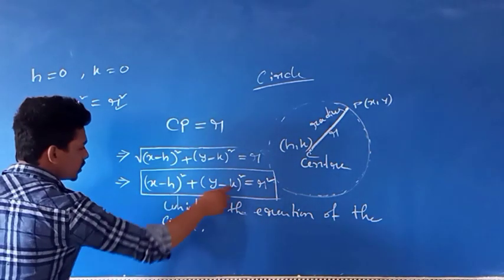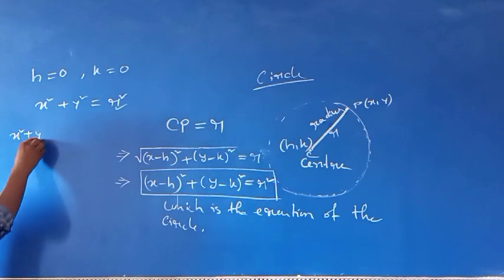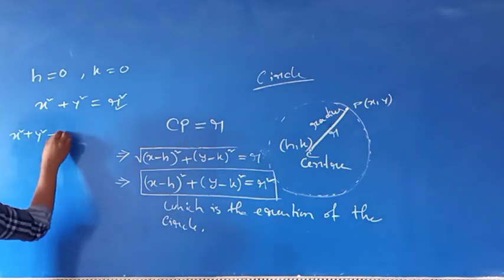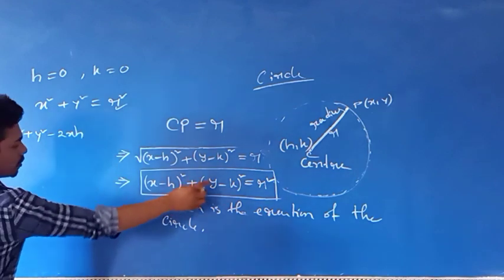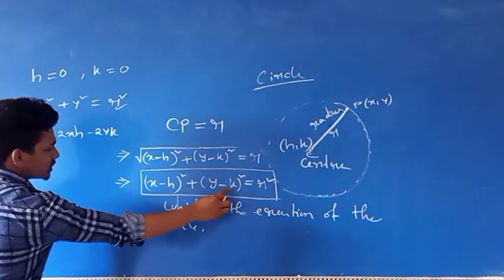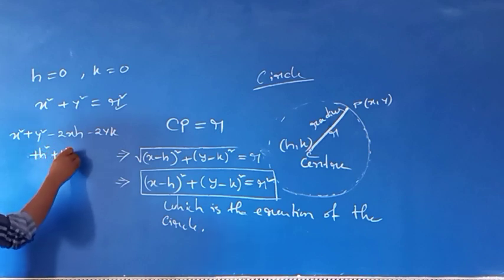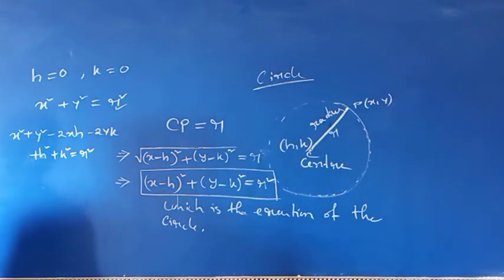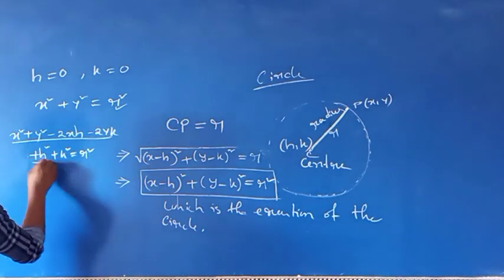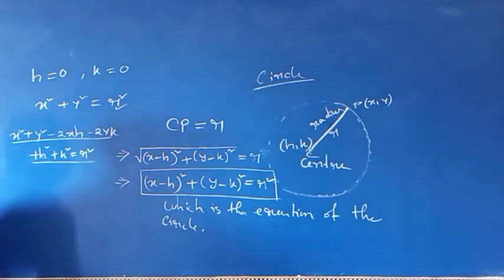So this equation also can be written as x square plus y square minus 2xh minus 2yk plus h square plus k square equal to r square. Okay. So here we get a second degree equation in two variables x and y.